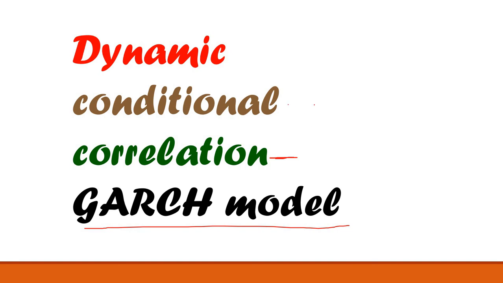Now next is conditional. Conditional means which depends on some condition, that is, on the information which is hidden in the past. So the relation which we are going to find out is dependent on some condition, that means information in the past. And dynamic, as you all know, the word dynamic means change.